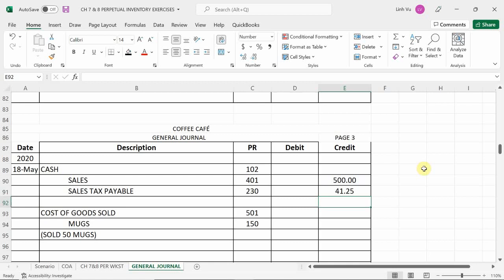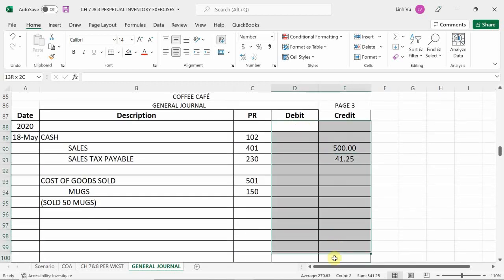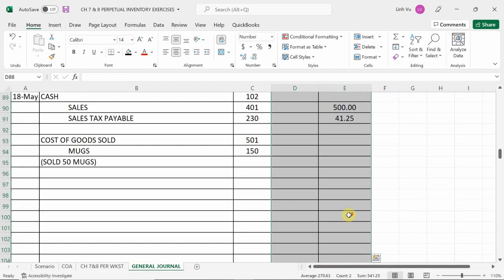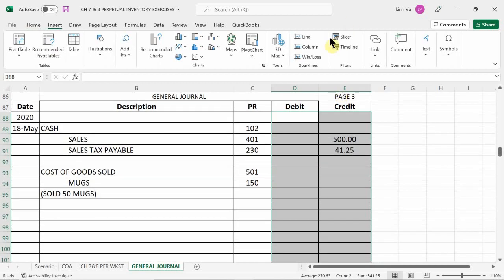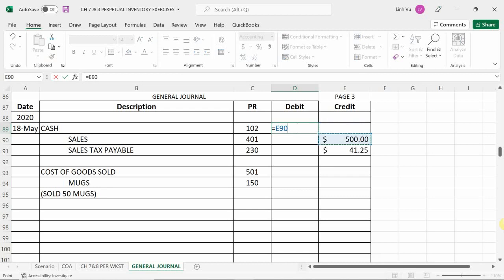In this case, a total of $41.25. Okay? So in this case, that means in grand total, I received a total of $541.25 for the sales. Okay?